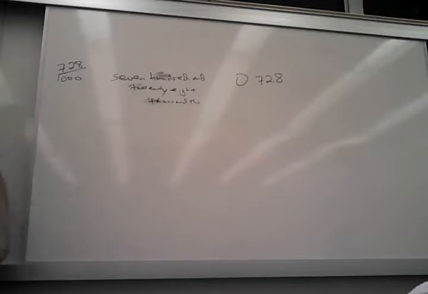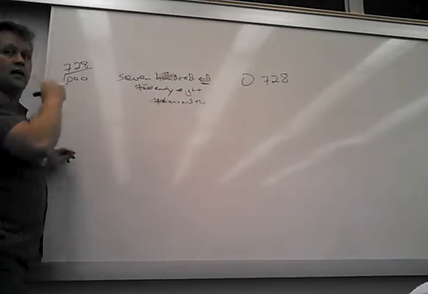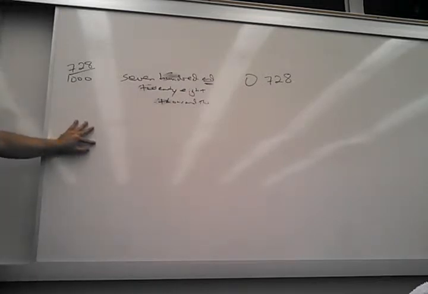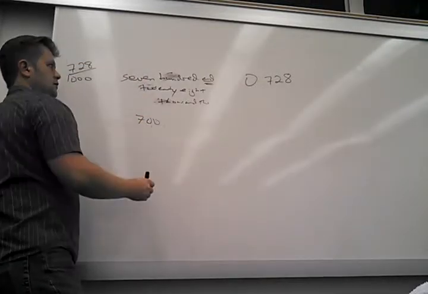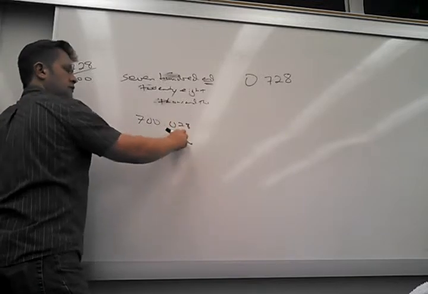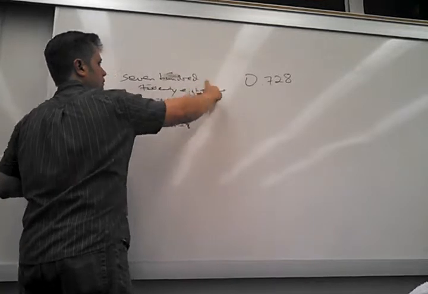Why is it 700? That's checkbook style. No, it's not even that. On your checkbook, you only put the "and" right before you put the fractional part, right? Because that's where the decimal goes. So this would actually be 700 and 28 thousandths. That's what that would mean. So you get rid of that.